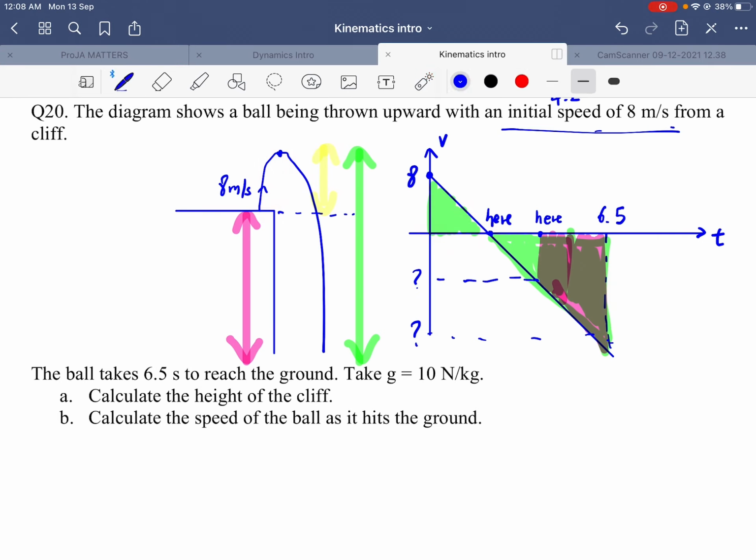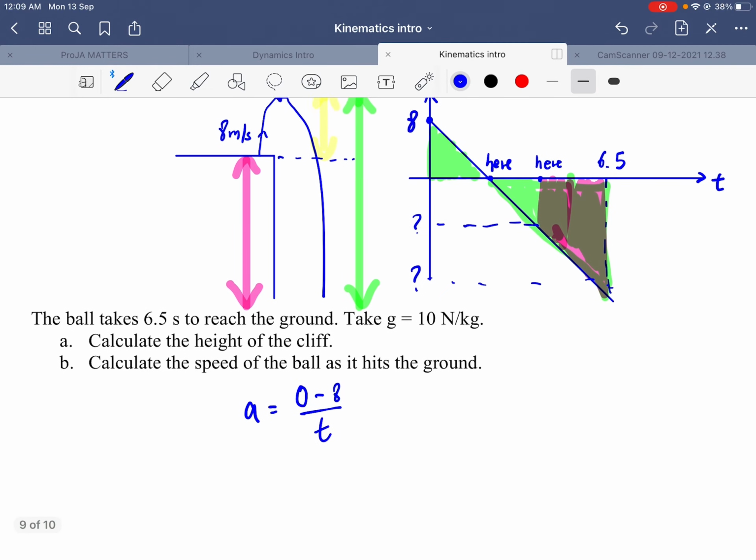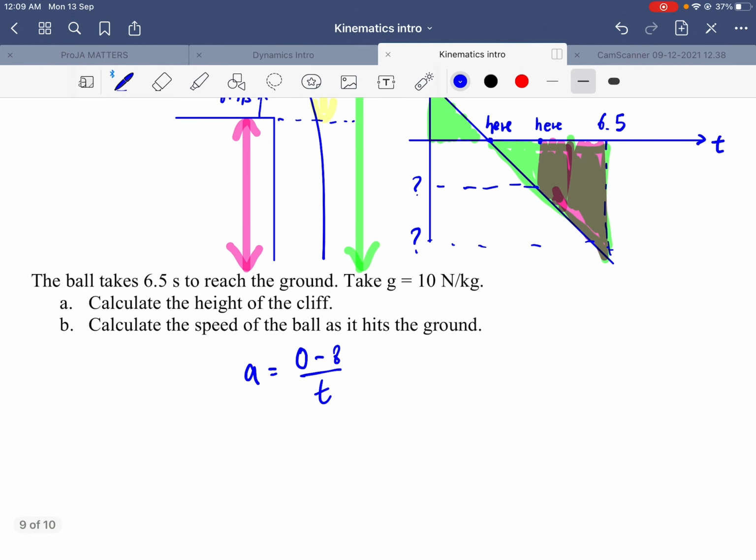So now let's focus on this starting point, this part of the motion. It goes up at an initial speed of 8 meters per second, right? We just take acceleration equals final minus initial, final being 0 as it's at the top, initial being 8, over time, and acceleration is -10 because it's pointing down, while this question is associating upwards with positive.